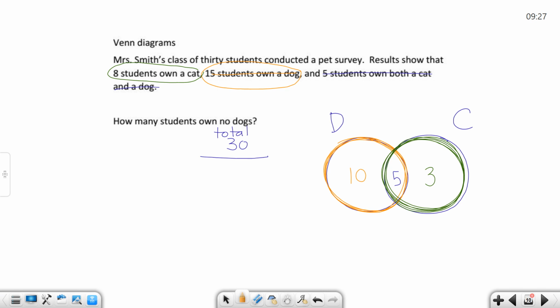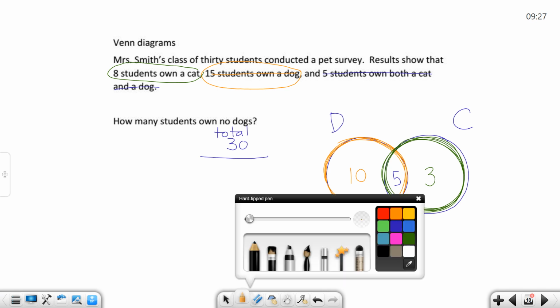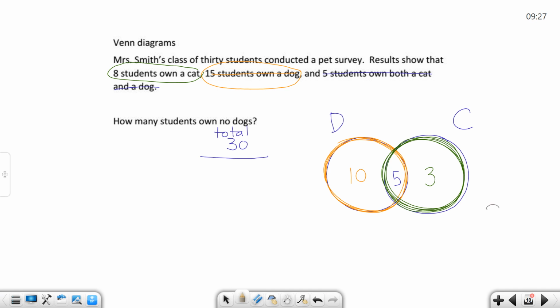Now, the other thing I always like to do is see, obviously that's not a total of 30 students, so there are going to be some people out to the side. We'll put them in this gray cloud over here that don't like animals. Okay, so this would be no animals at all, because everybody doesn't have one, right? So if you look in the circle, you have 10 and 5 and 3. Those students are accounted for.